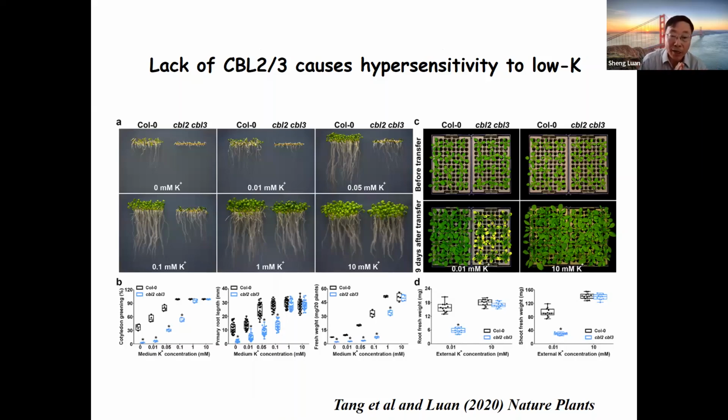One very important process is seed germination. We know that you can germinate your wild-type seed in pure water, no problem, because germination and establishment of the seedling can utilize the stored nutrients from the seed vacuoles.